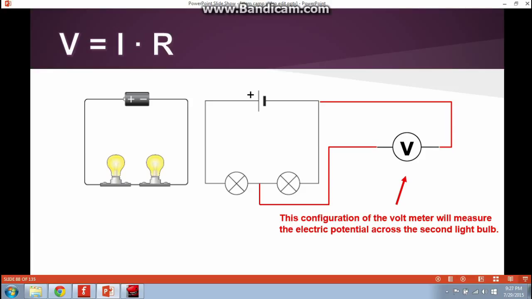And I think you can guess what would happen if we attach probe 1 to the left side of the first bulb there. What do you think the voltage would read? Well, what you've essentially done there is attach your voltmeter, in parallel, across the battery. So you're just going to get the potential from one side of the battery to the other side, right?